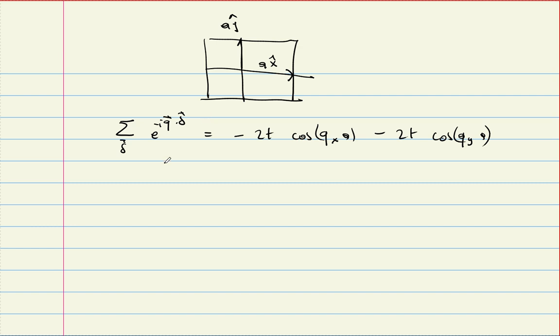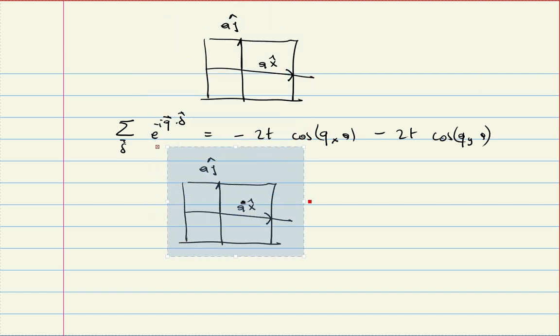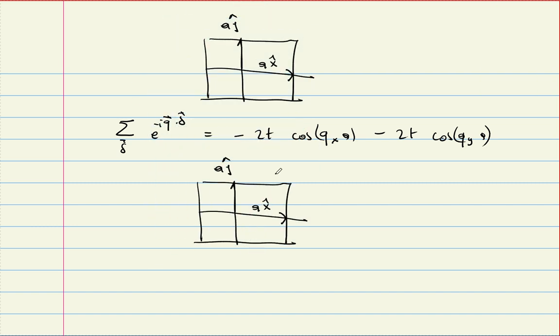So as an exercise, actually let me do the confusing one and give you the trivial one as an exercise. Suppose I want to put the next nearest neighbor hopping. So this is what people generally get wrong. So here's hopping like this, and hopping like that, and hopping like that, and hopping like that. Let's put t prime to parameterize this hopping.